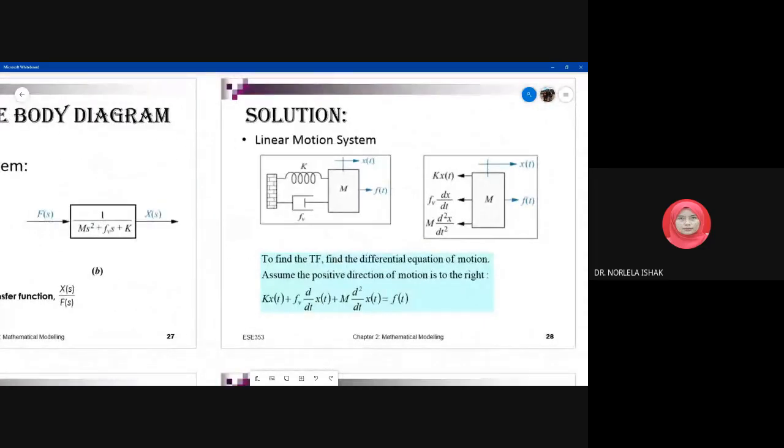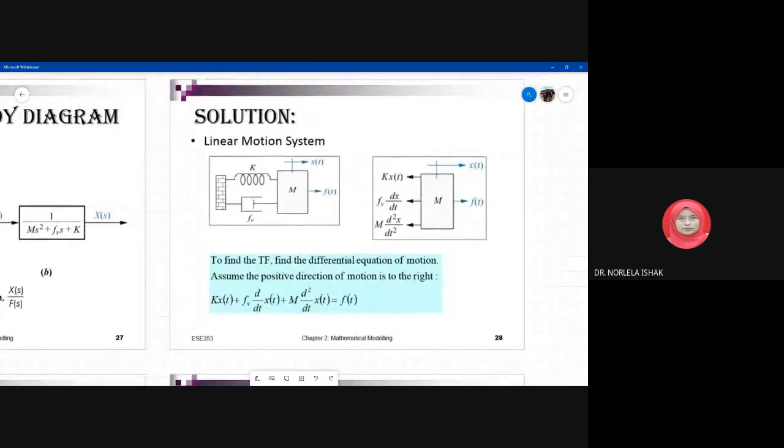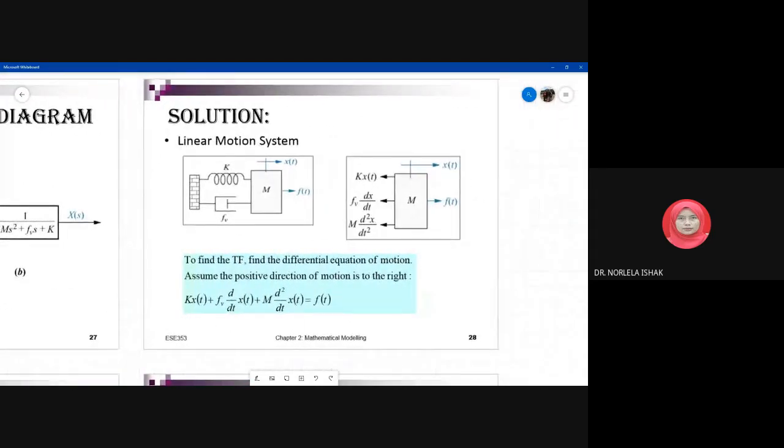This is your system, a single loop linear motion system, and this is the free body diagram for that system.